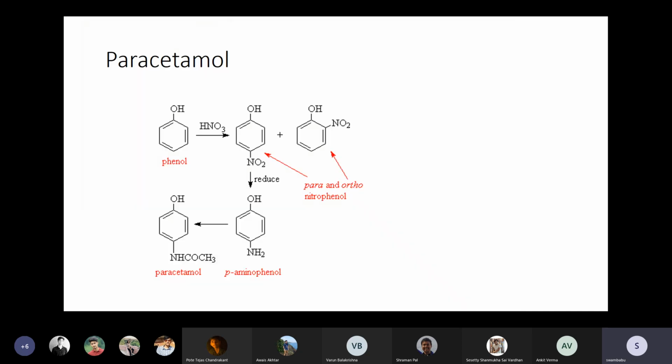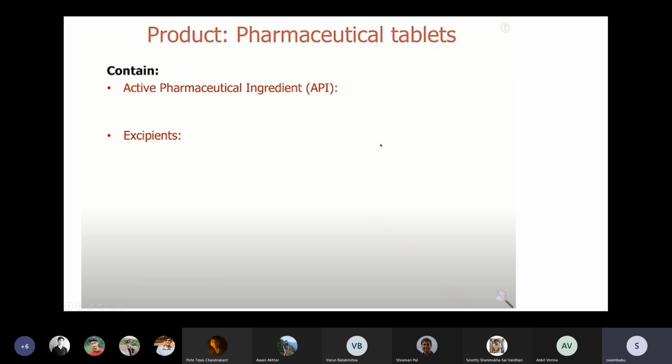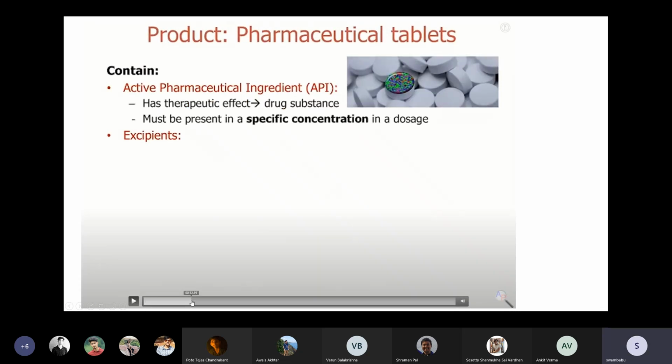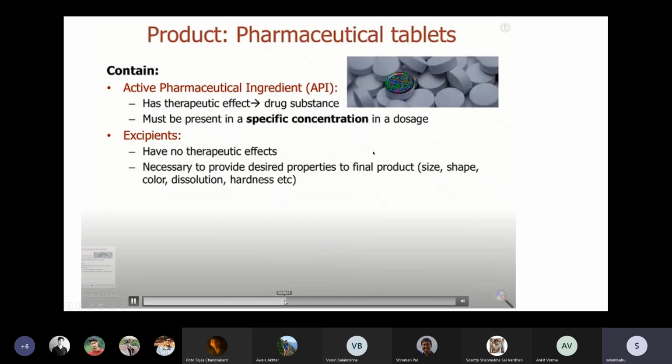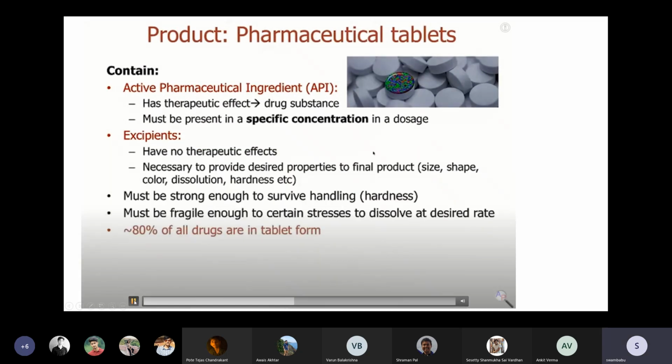So for that reason, they add excipients, which give the support material, the support or handling of that mass. Excipients don't have any therapeutic effects.